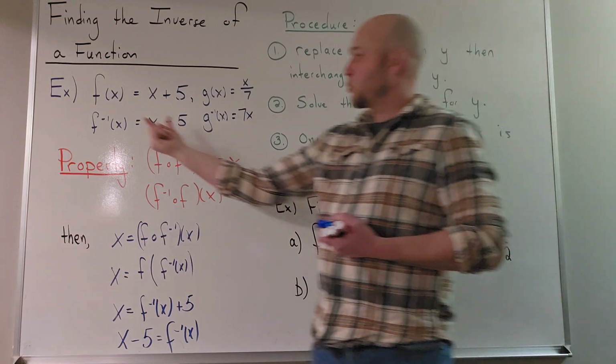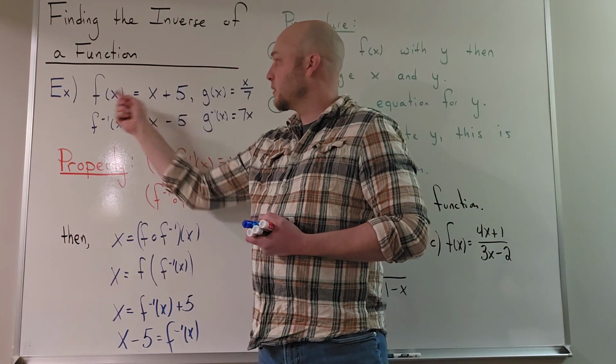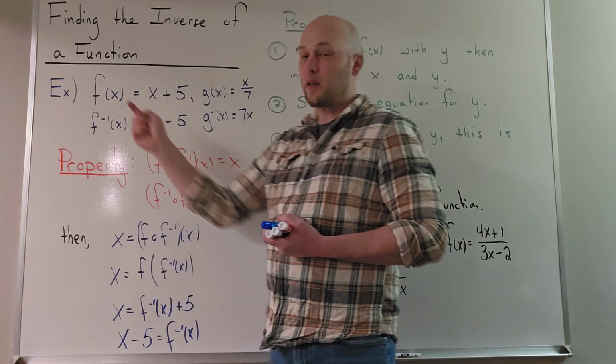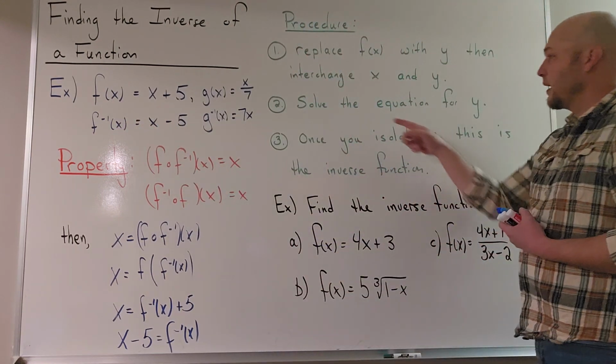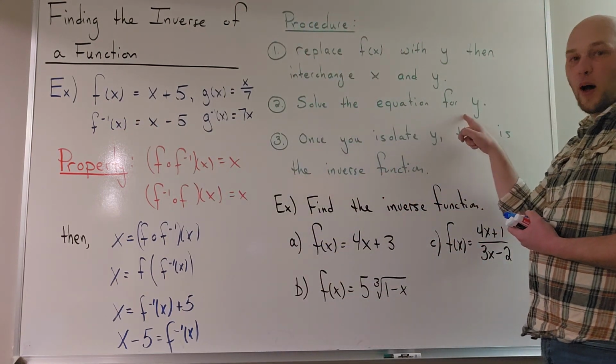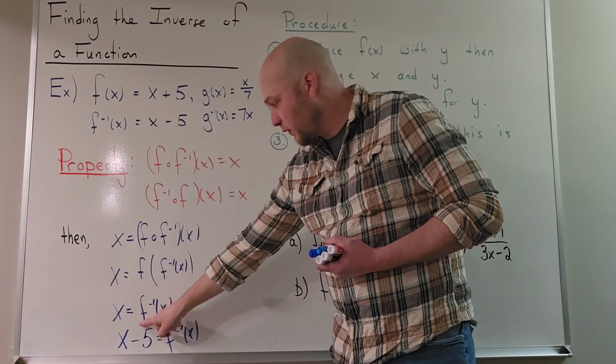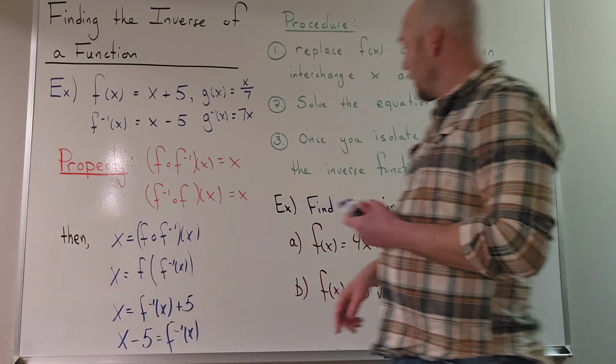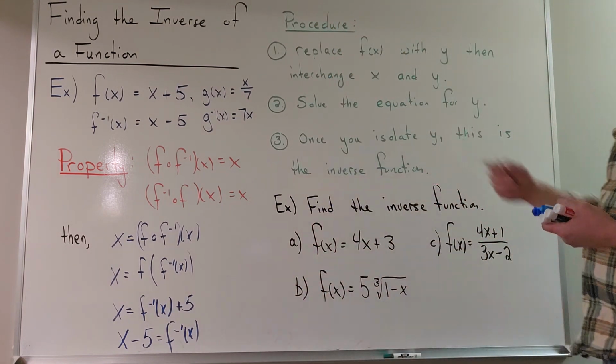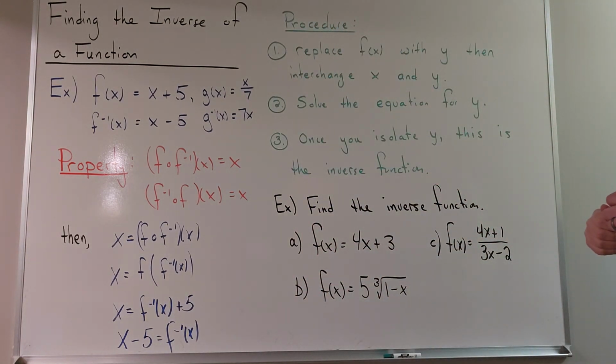Once I do that, I'm going to solve the equation for y. That's exactly what I did down here: I solved this equation for f inverse. And once I isolate y, that will be my inverse function.